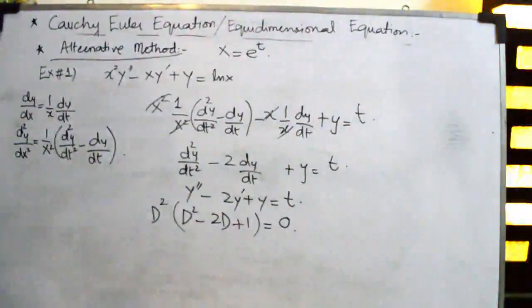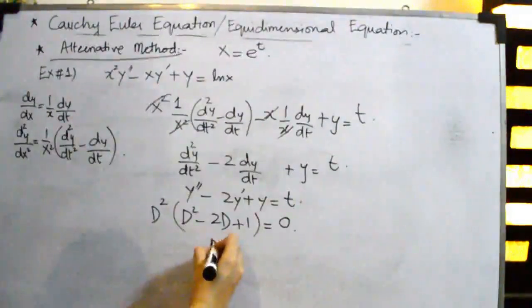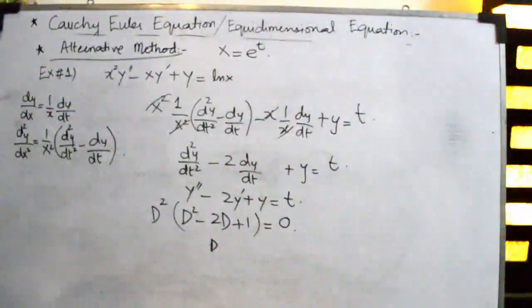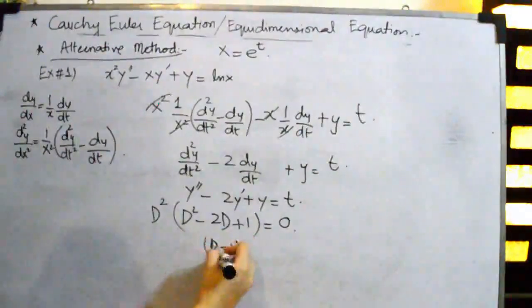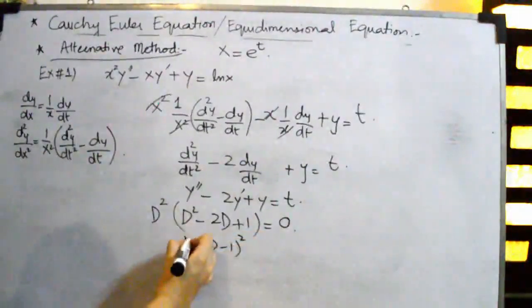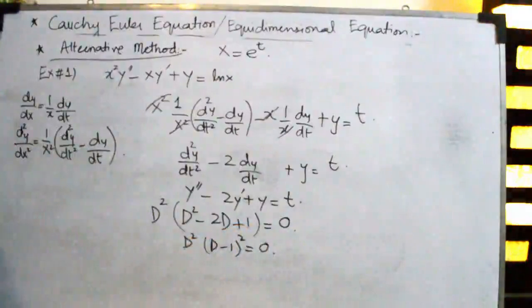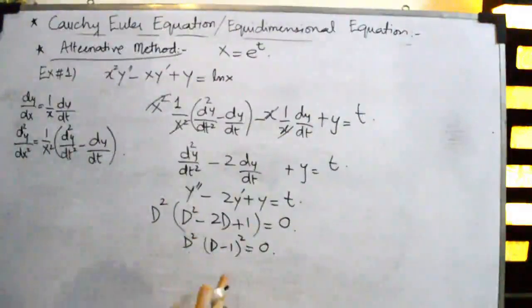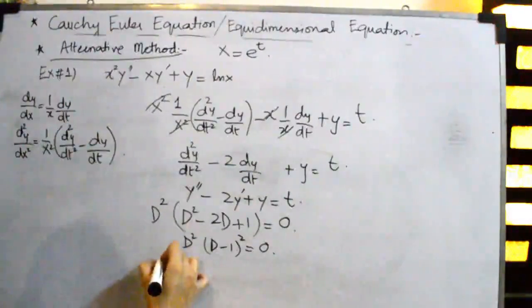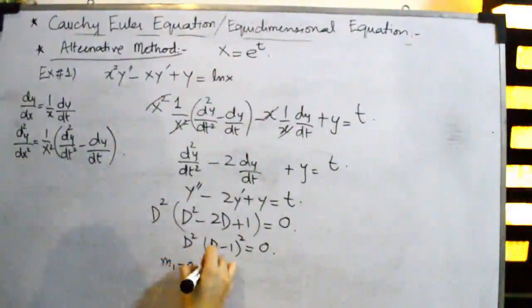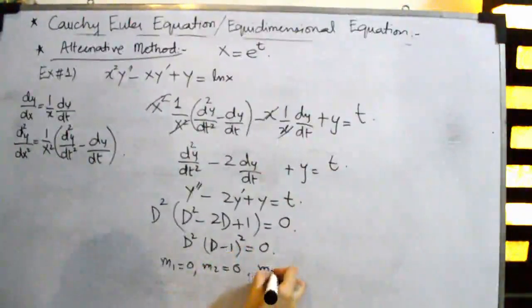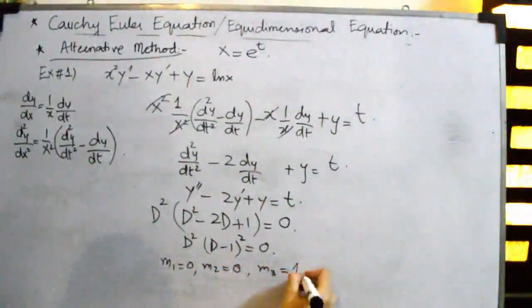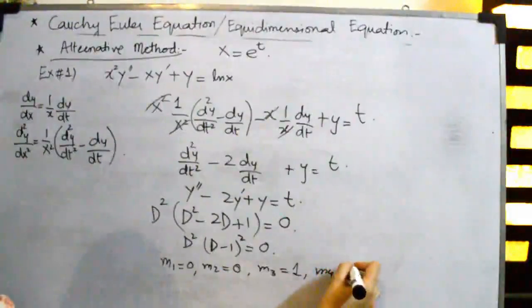Solving this, it becomes a complete square, D minus 1 whole square, and D square equals 0. There are repeated roots: m1 is 0, m2 is 0, m3 is 1, and m4 is 1.